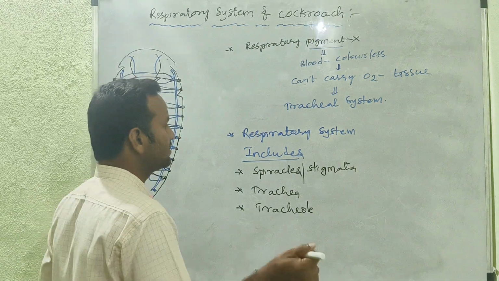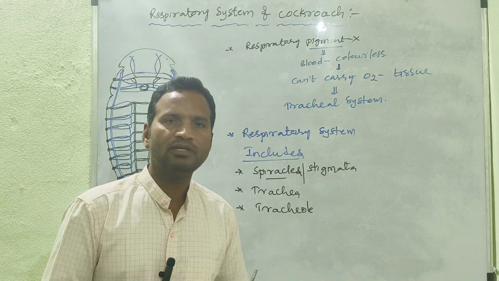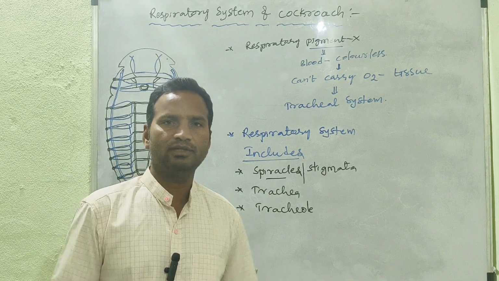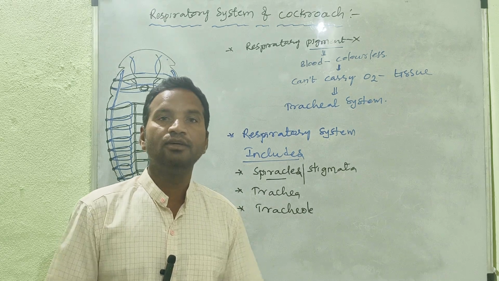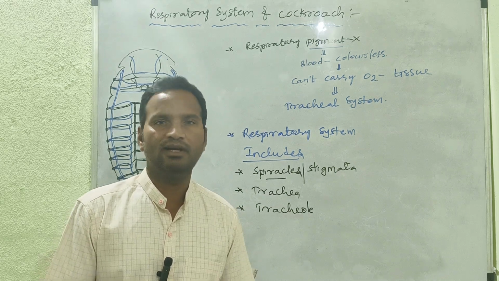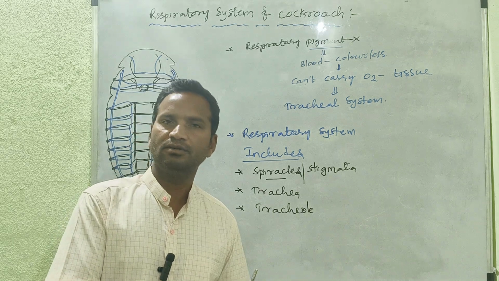Now, let us discuss what spiracles are, the importance of spiracles in cockroaches, and how they help respiration. If there are no spiracles, then what will happen? We also have to discuss the trachea and tracheoles.